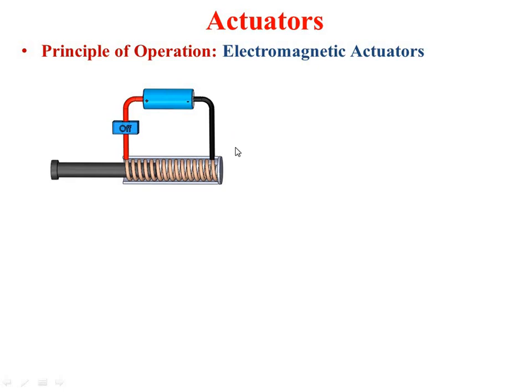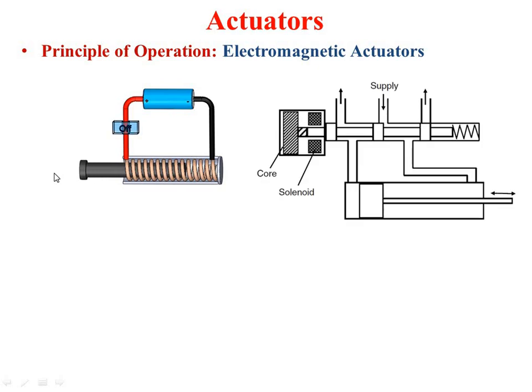So this is how exactly the circuit works. So this is the switch. So when you switch it on, the current will flow through the coil, and that will attract this soft iron core, and it will move back and forth. So this is how exactly the actual solenoid works.